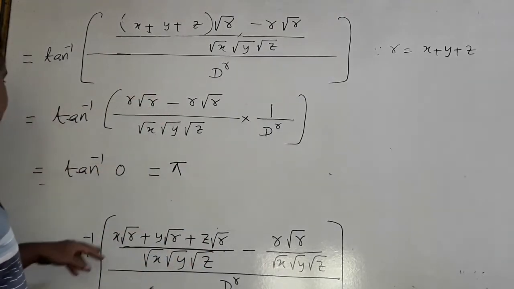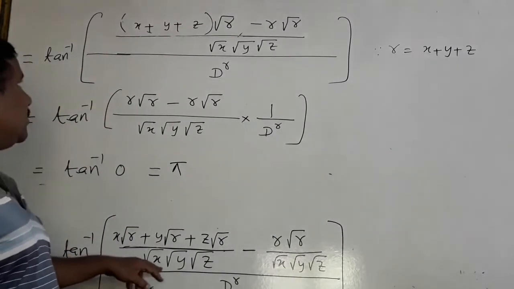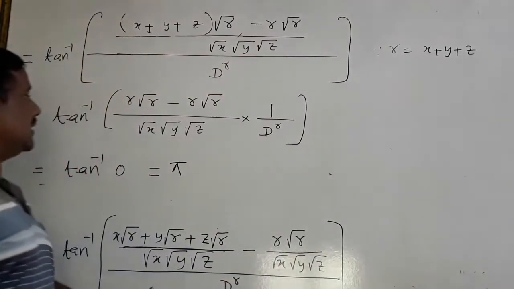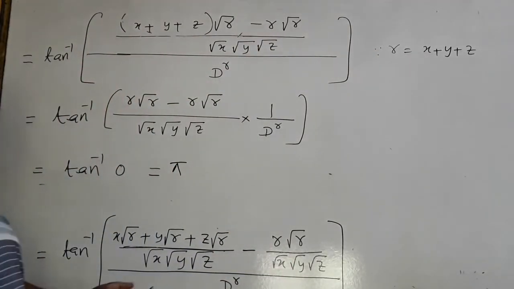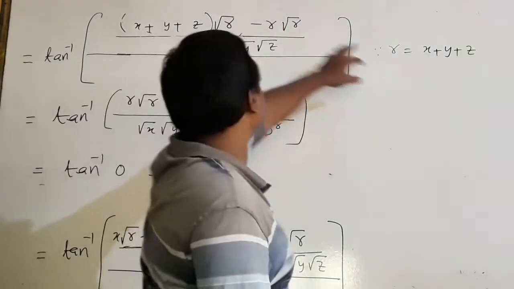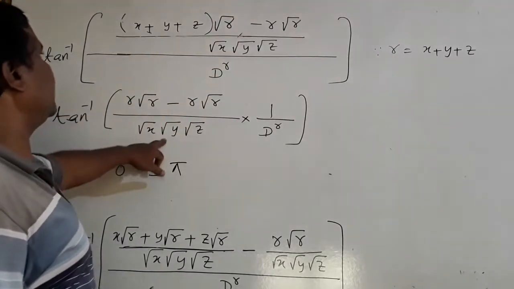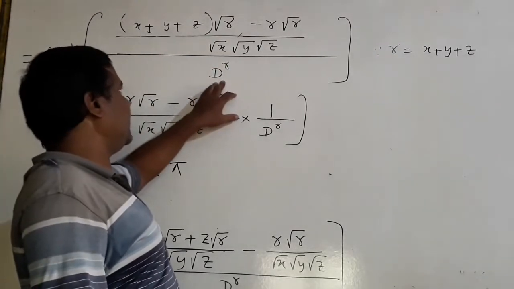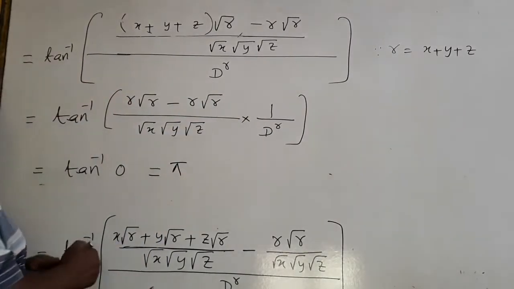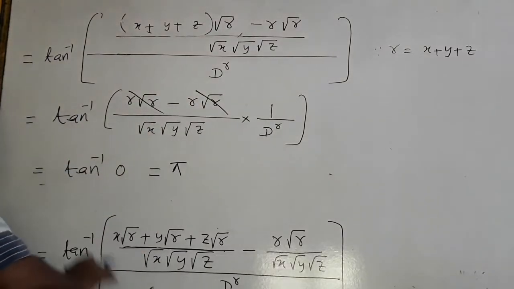Root r I am taking x plus y plus z whole into root r by root x, root y, root z as LCM, and that is r into root r divided by the denominator. And we know x plus y plus z is r, so it becomes r root r minus r root r divided by the denominator. Now they cancel each other, it becomes 0, 0 into anything is 0, tan inverse 0.